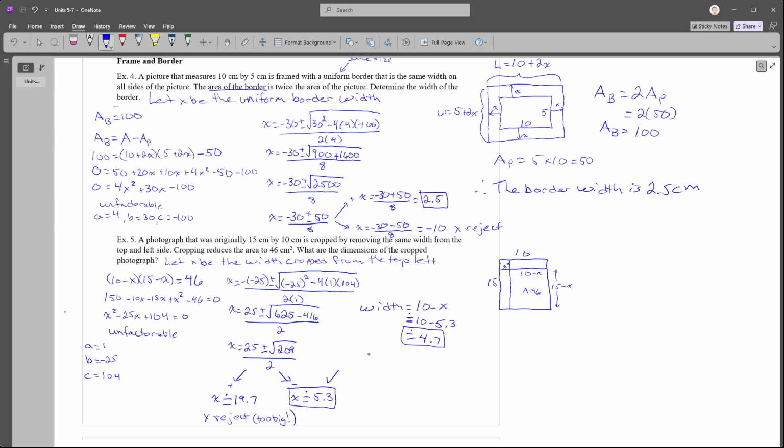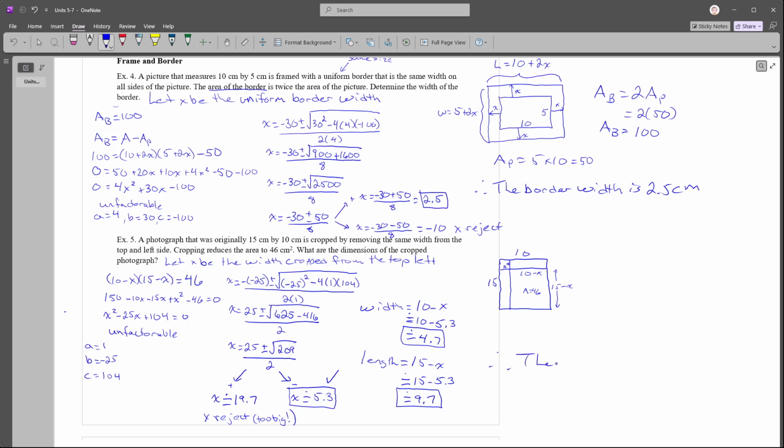And length is going to be similar. Length is equal to 15 minus x. When we substitute that in, it becomes approximate. We have 15 minus 5.3, and we get the length that's approximately equal to 9.7. Well, there's our dimensions.